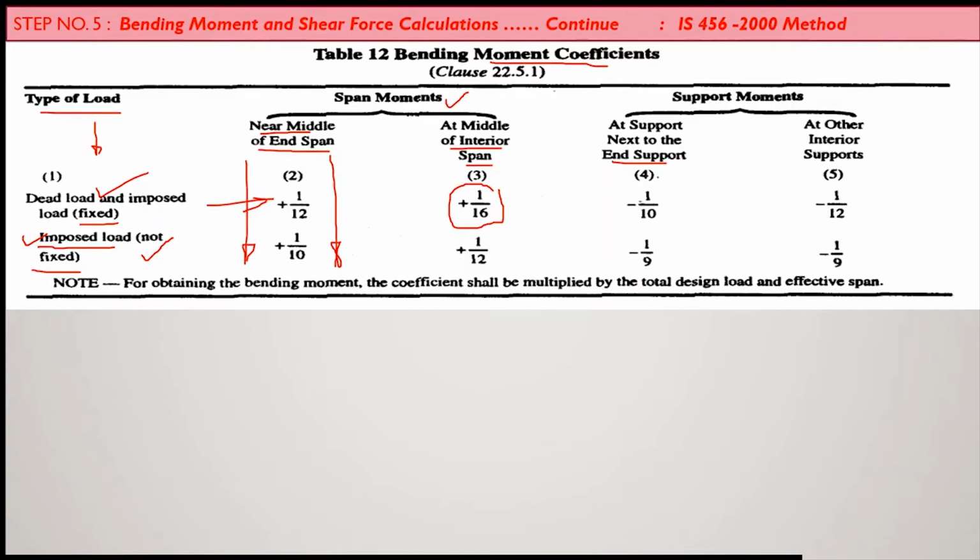You will take this value when you have to calculate bending moment at the support level. Then for other interior supports, this may be support number 3, which is supporting the intermediate or interior span, you have to take the coefficient minus 1/12, and correspondingly in case of movable load you can take these values.